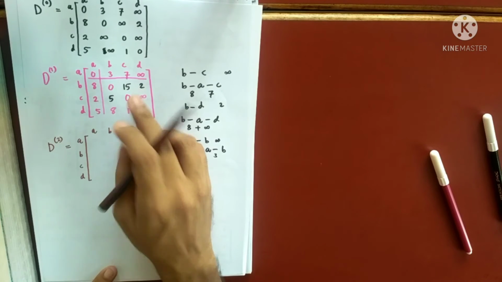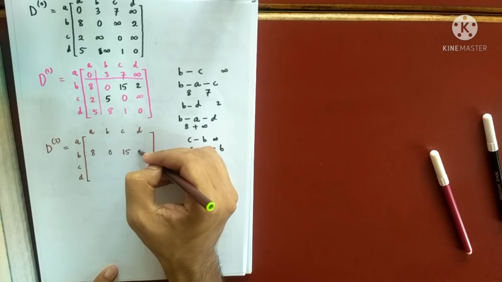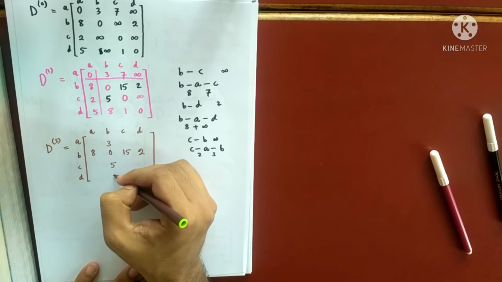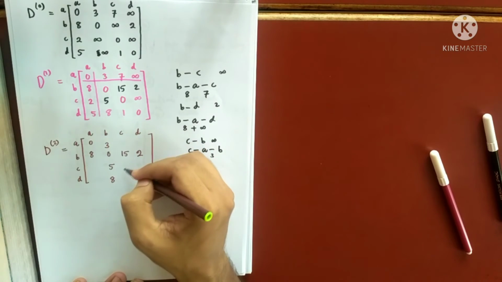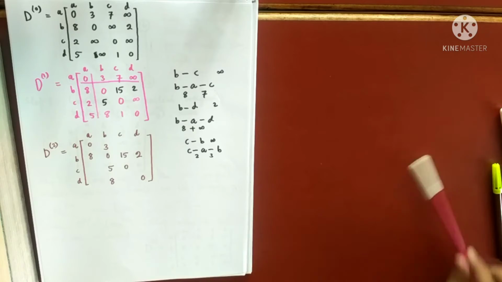So copy paste from here. This will be copied like this, and this will be copied like this. These two will not change. And these zeros definitely will not change because you cannot get less than 0. Diagonally it will always be 0. That is the minimum.